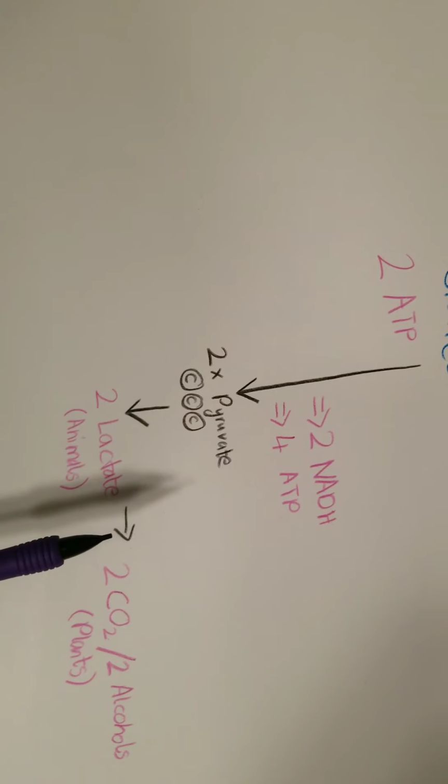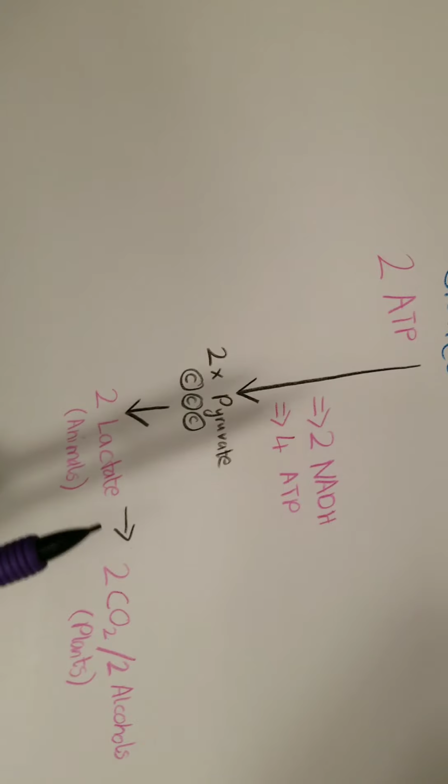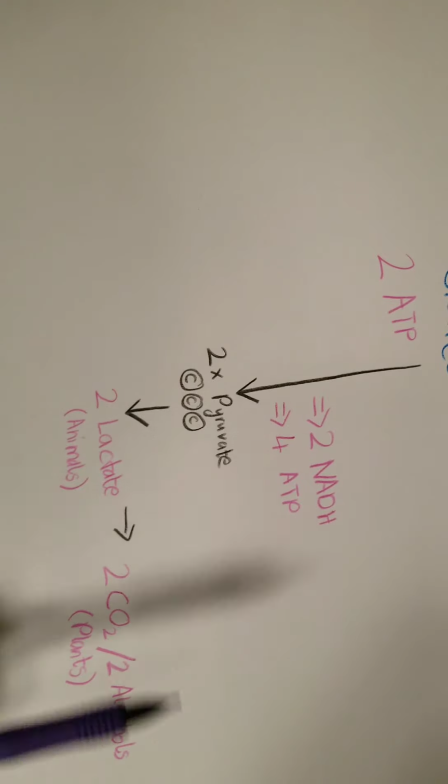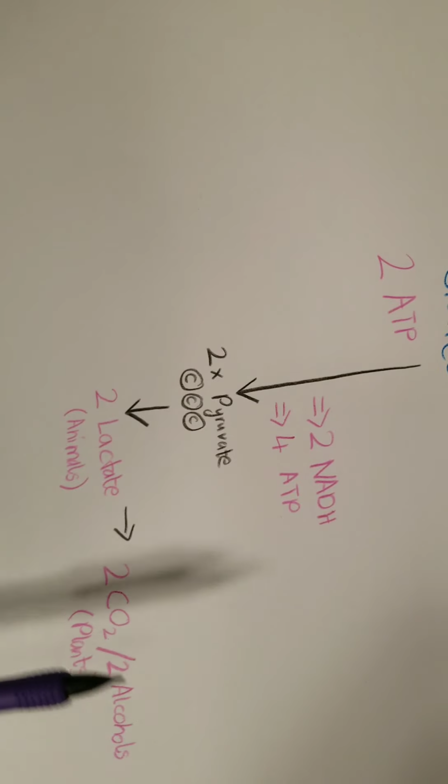The lactate changes pH and causes the muscles to fatigue, which is known as the O2 debt. This is why you breathe really fast after you run out of breath. And yeast die from the alcohol they produce, so that's bad.